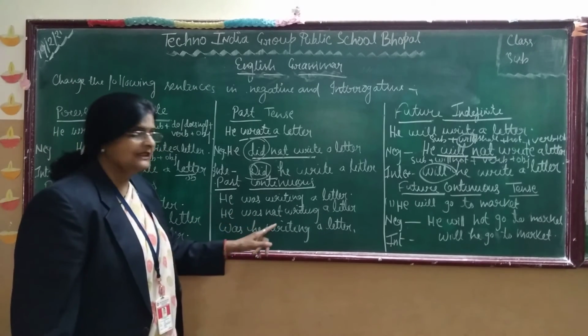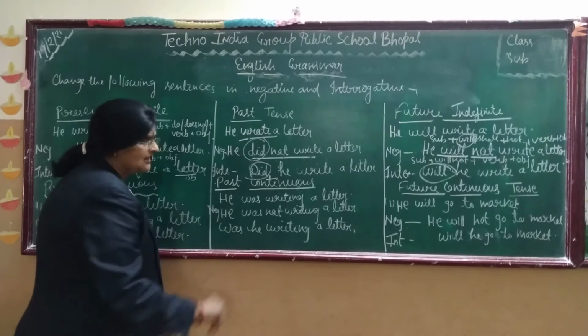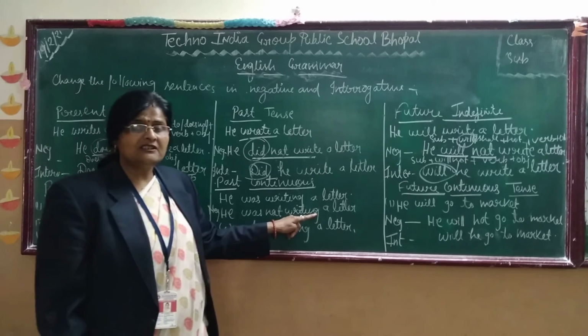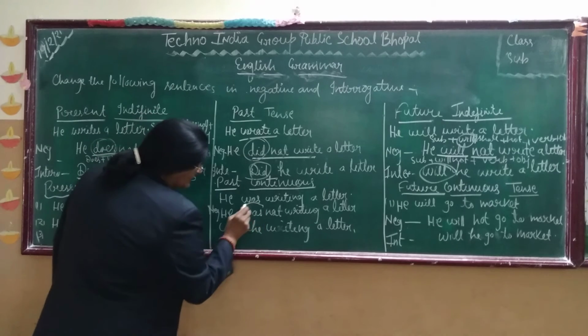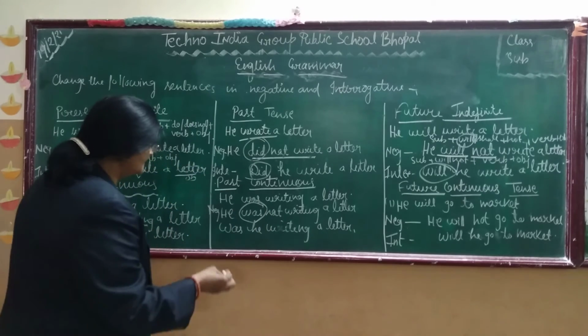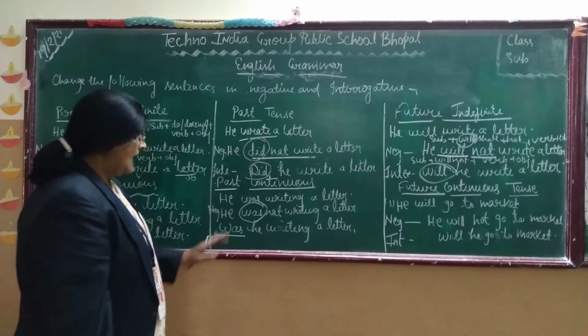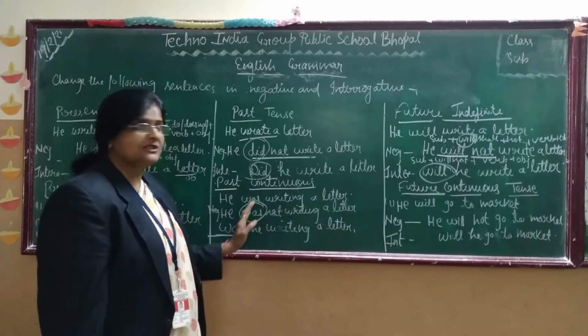He was, negative sentence में हम कैसे लिखेंगे? This is a negative sentence. He was not writing a letter. And again, we have to change it into the interrogative sentence. Then this was will come in the beginning of the sentence. Look here. Was he writing a letter? आपका whole sentence ऐसे जाता है, बस we have to change the helping verb.